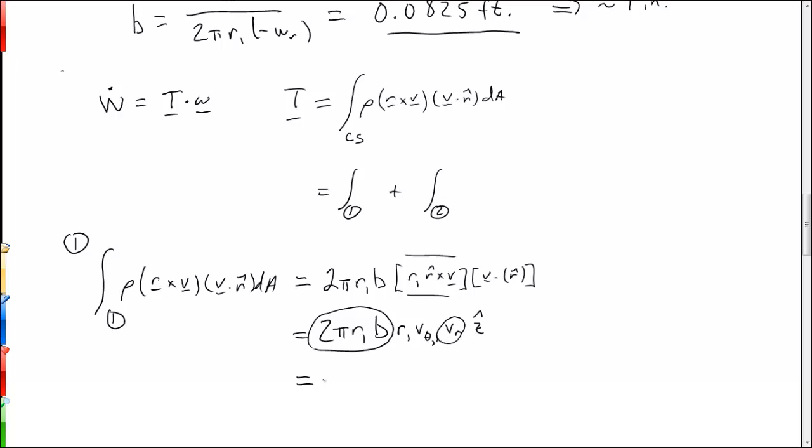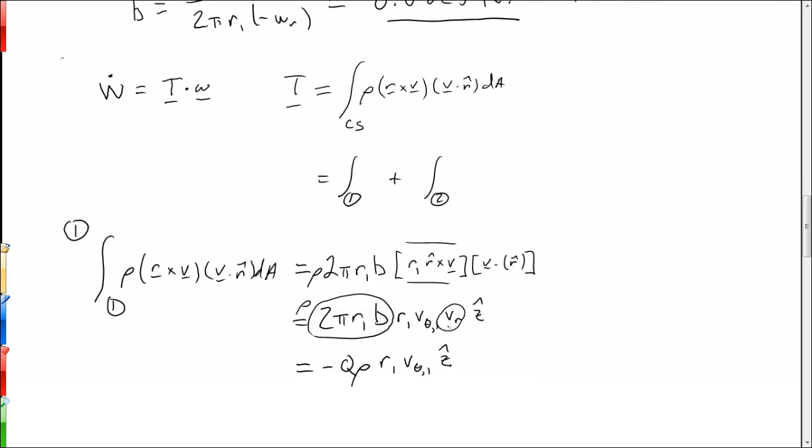We know all that's equal to minus Q, the flow rate. Oh, I left out a density here. So we have a density here, and we have a density here. So we have Q times rho, which is the volumetric flow rate times the density, which we could write as the mass flow rate if we wanted to, times R1 V theta 1 z hat.